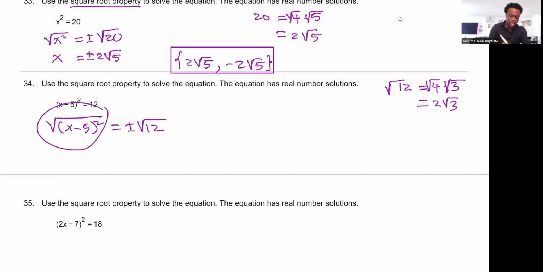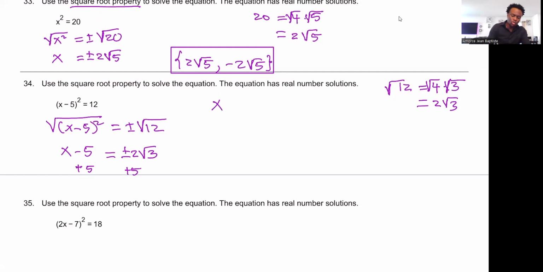So over here, my radical is simplified, and then I can have x minus 5 on this side equals plus or minus 2 square root of 3. So add 5 on both sides, and you have x.